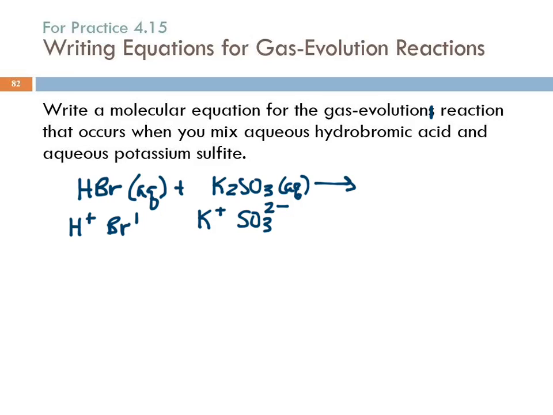Hydrobromic acid forms hydrogen ions and bromide ions in solution. Swapping partners. Okay, so the K and the Br go together, and the H plus and the SO3 2 minus go together. So I'm just going to write them over here. H plus, SO3 2 minus, and potassium and bromide.